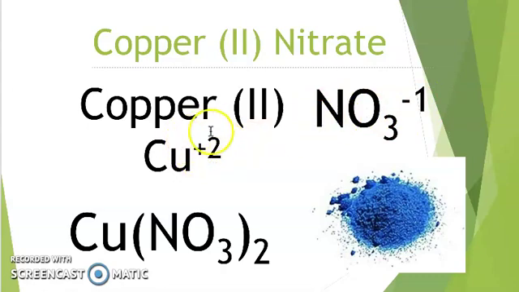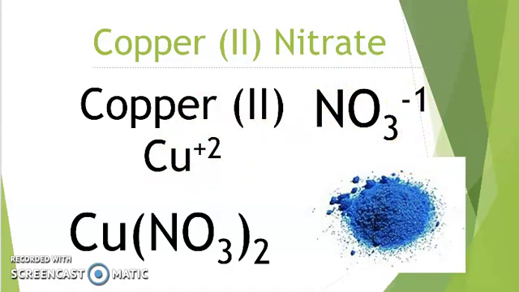If I have a +2 on my copper and a -1 on my nitrate, I'm going to need 2 of these nitrates to cancel out my 1 copper. So I have NO3 -1, NO3 -1. That makes an overall charge of -2 to cancel out my overall charge of +2. So I need 2 nitrates.